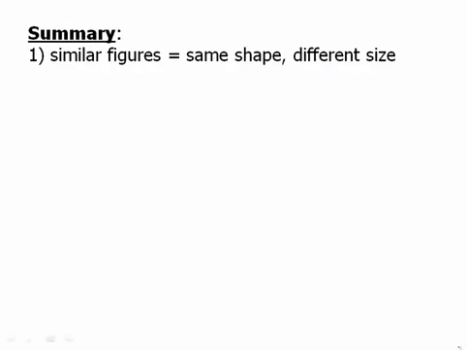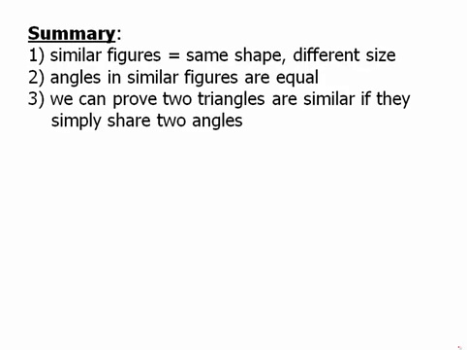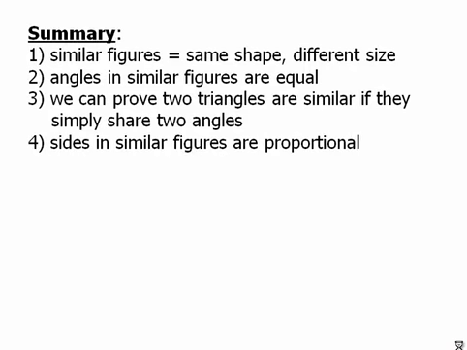In summary, similar figures have the same shape but different sizes. They're like expanded or shrunken down versions of the same shape. The angles in similar figures are always equal. We can prove two triangles are similar if they simply share two angles. Sides in similar figures are proportional.